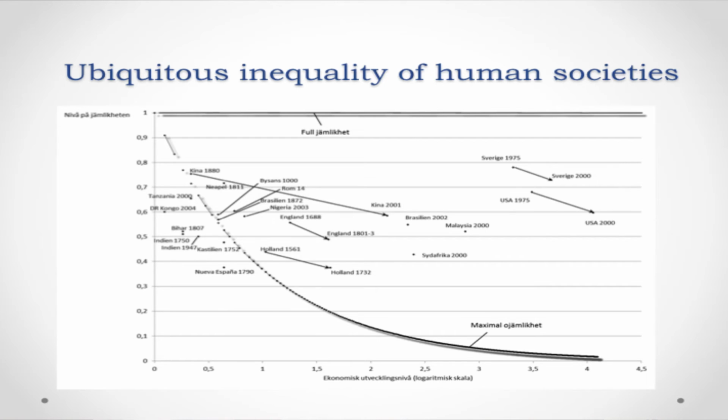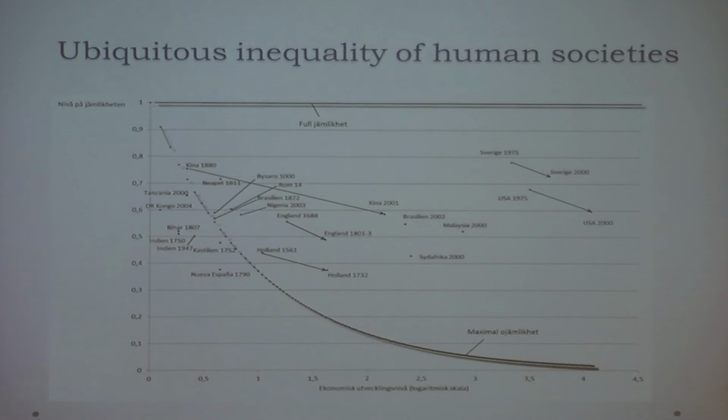And my final example is this one about inequality. What you see here is a summary of human history during the latest 2,000 years. On the horizontal axis, you have the level of economic development. It's a logarithmic scale, so the GDP level per capita increases rather fast when you move towards the right here.